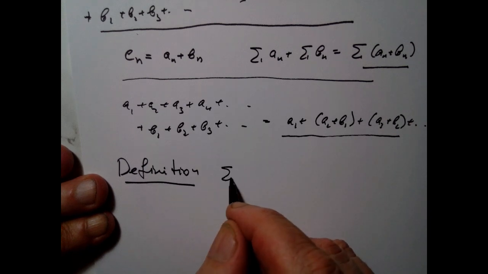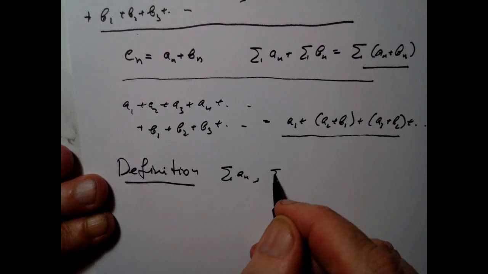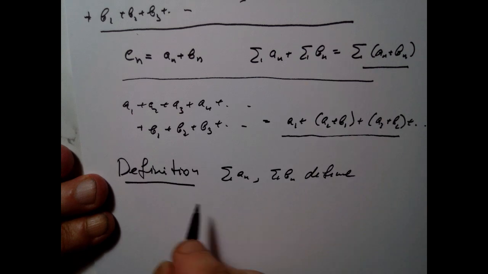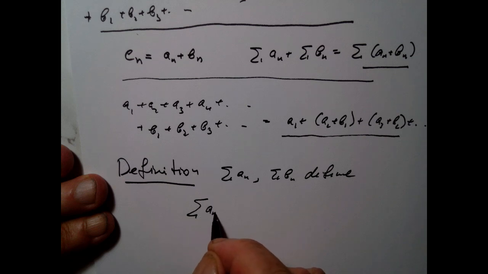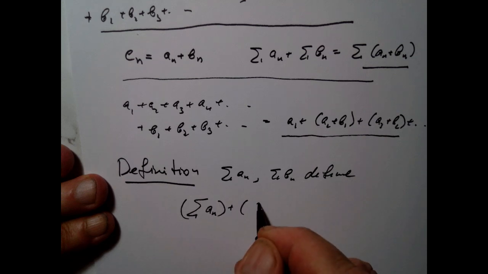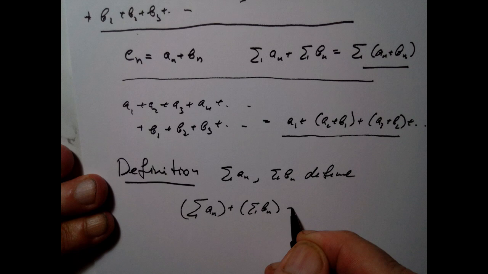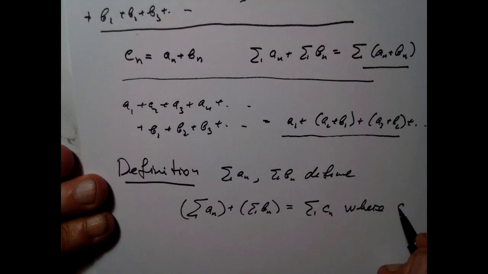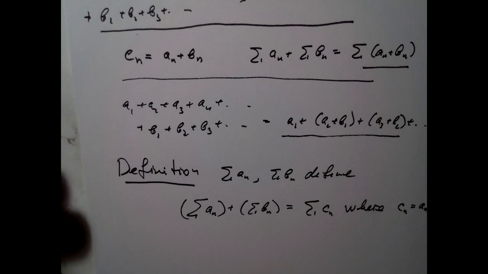Given the series An and the series Bn, I define the sum of those two series An plus Bn as a series Cn, where Cn is equal to An plus Bn. Okay.